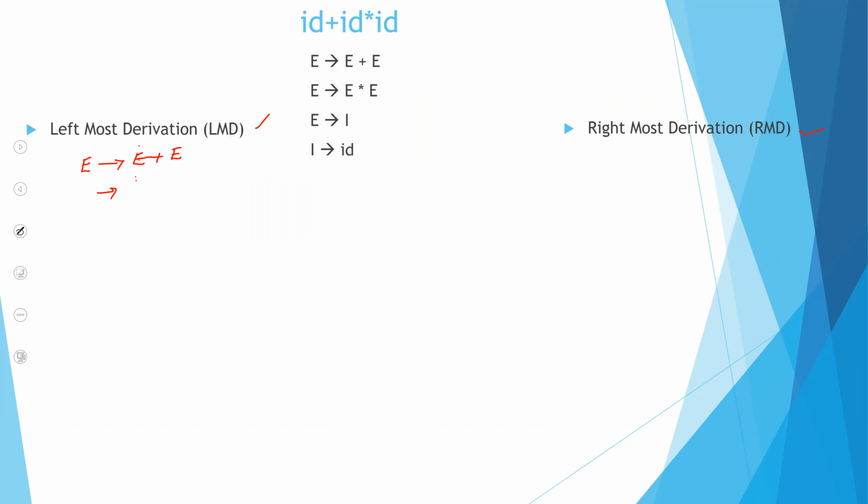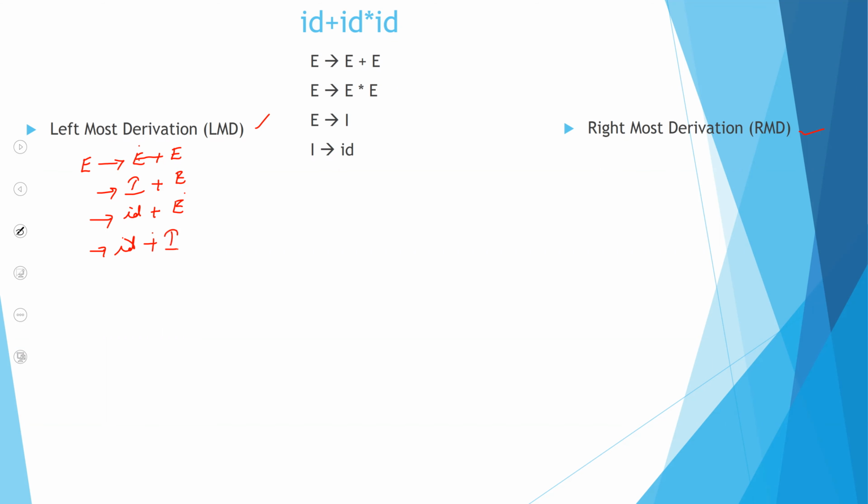I can change it to I plus E. Again, left, left, left. Go for I, ID plus E. So this is a terminal. This is also a terminal. Now, when you move from the left, E is the only non-terminal or variable which is not yet changed into a terminal.